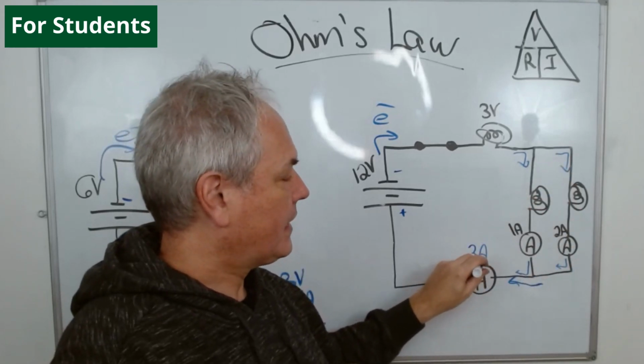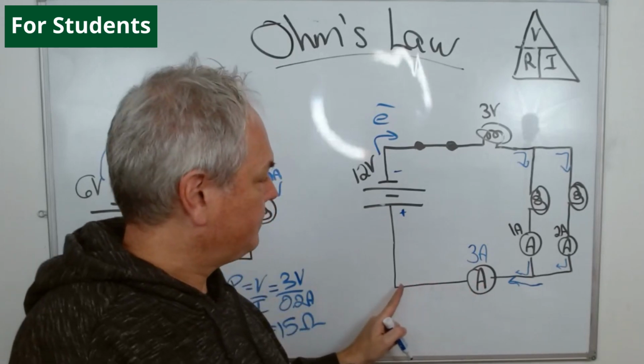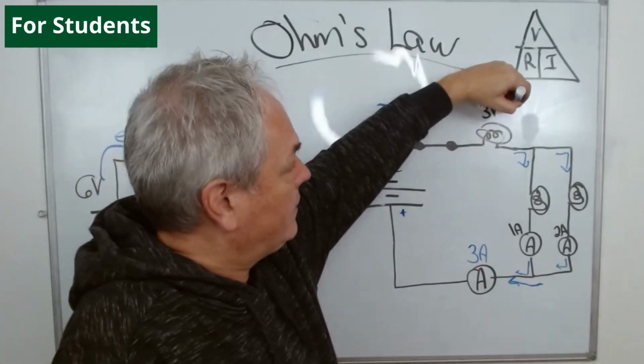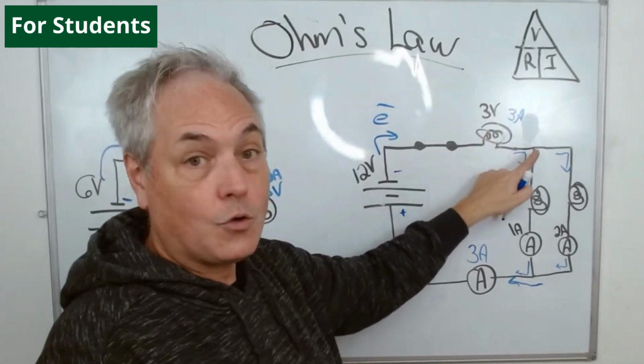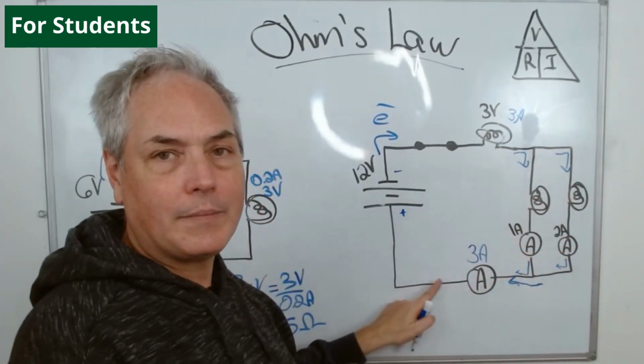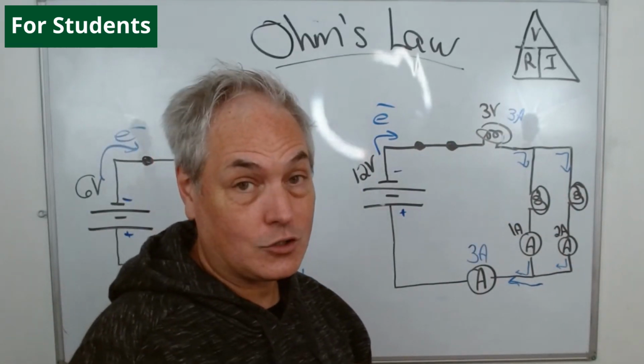So I have 3 amps total going through this part right here. 3 amps going here, 3 amps going there. One is going down here and 2 are going down there to come back to 3. So this is the intensity of current going through.